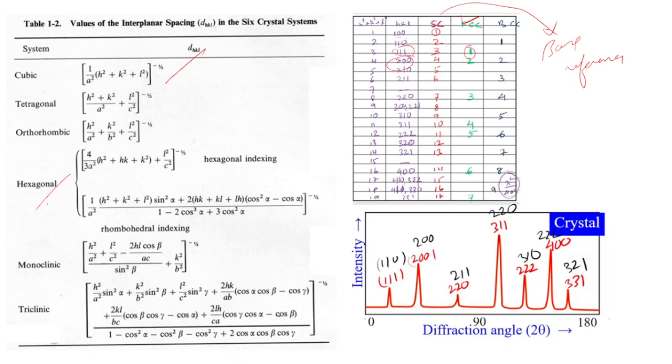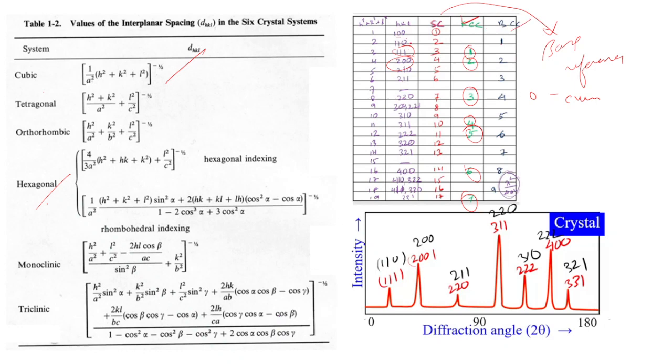And here all are even. 0 is also considered as even. So this is also considered another peak. This is the FCC second peak. Likewise, this is the third peak, fourth, fifth, sixth, and seventh peaks. So this is for the FCC case.